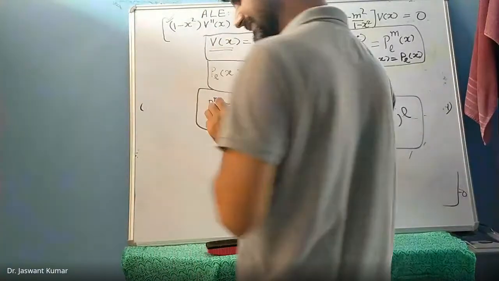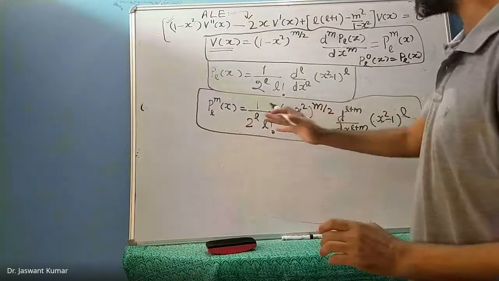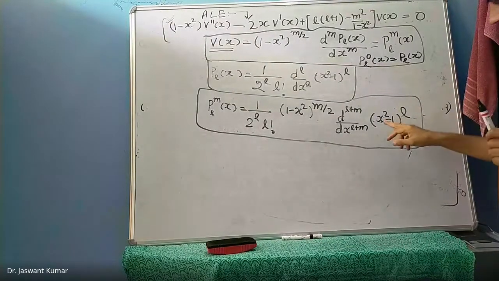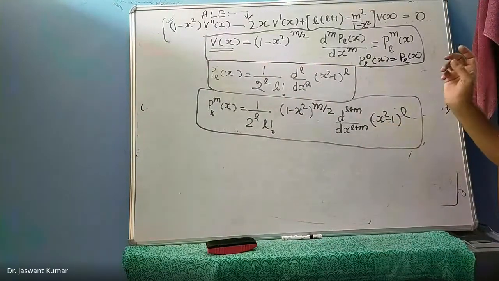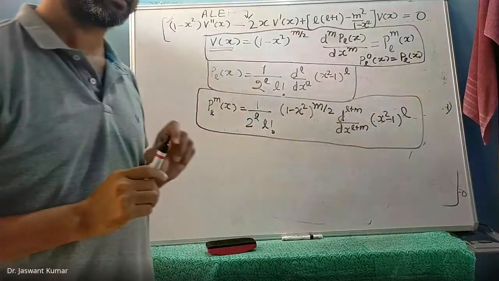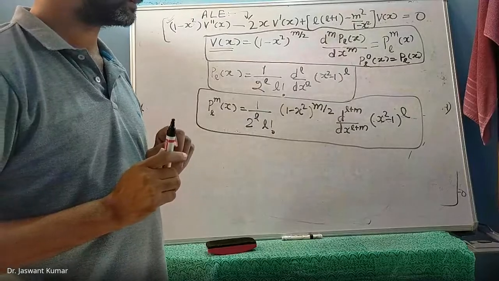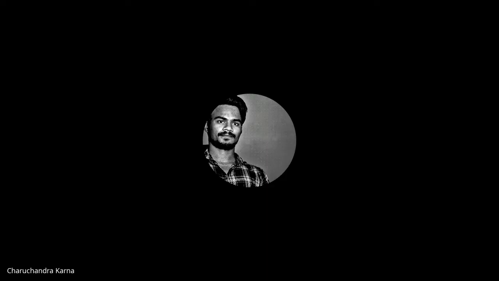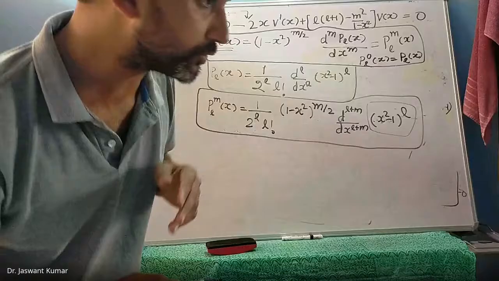Now we make some physical meaning from this mathematical equation. Look at (x squared minus 1) to the power L. What will be the highest power of x in this? Yes, 2L.